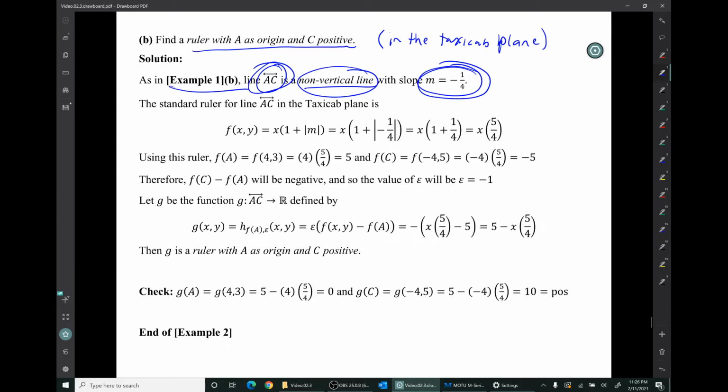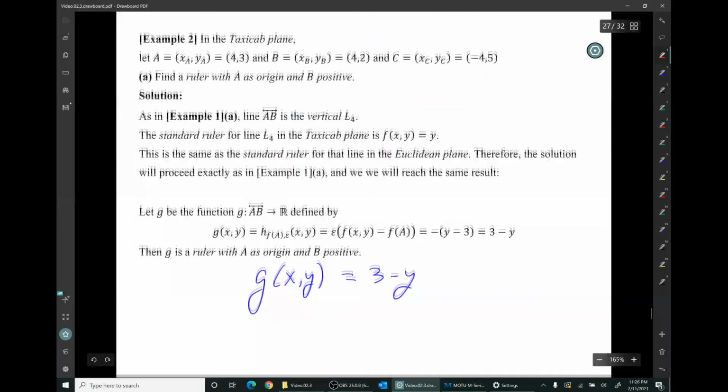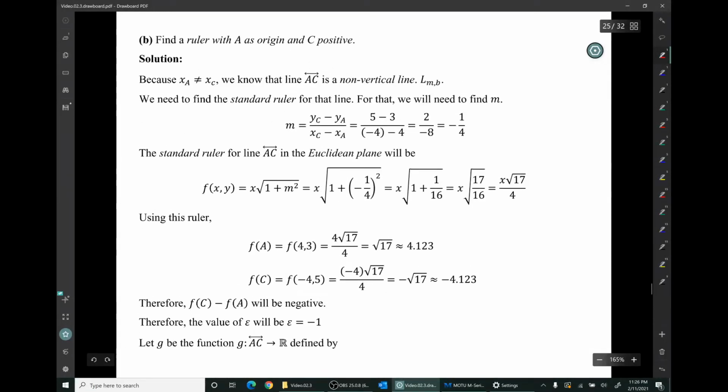What's different is the standard ruler for that line in the taxicab plane is this thing. That's a new function. In the Euclidean plane, the standard ruler for that non-vertical line was x times square root of 1 plus m squared.